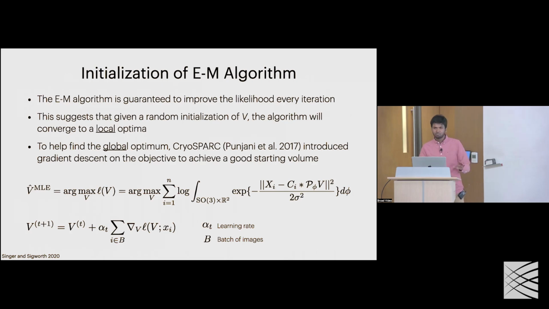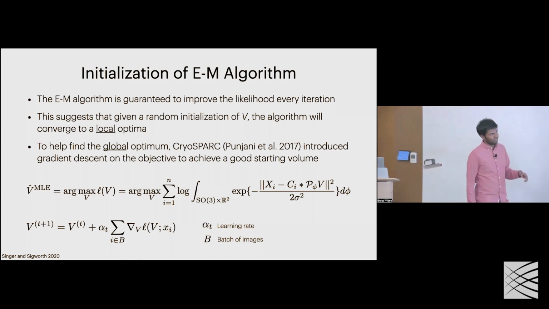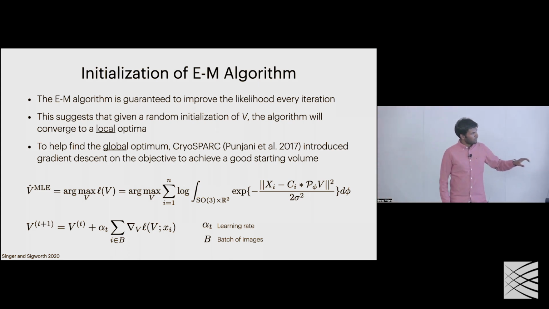For dealing with the first problem, how do we deal with initialization so that EM actually converges, one innovation introduced around 2017 by the software package CryoSPARC was, before directly running the expectation maximization algorithm on a completely random initialization of the volume, to first do gradient descent on the true objective.